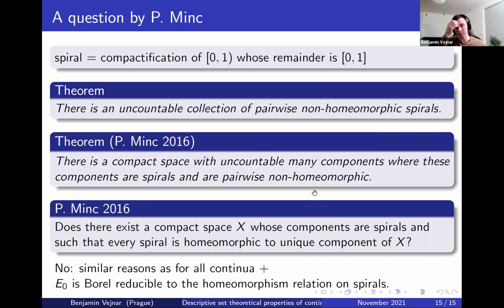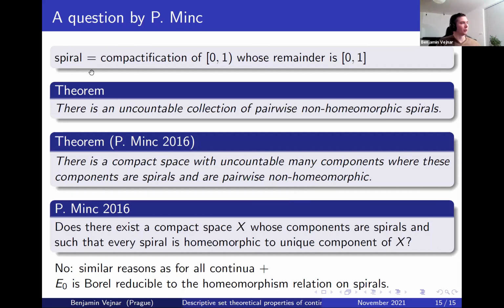So these spirals are like the Elsa continuum? Yes, it is a continuum, the Elsa continuum. Well, the Elsa continuum is this kind of continuum, right? It is a compactification of that.